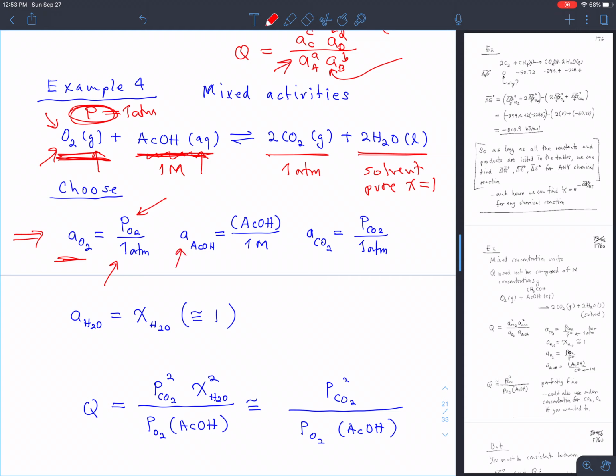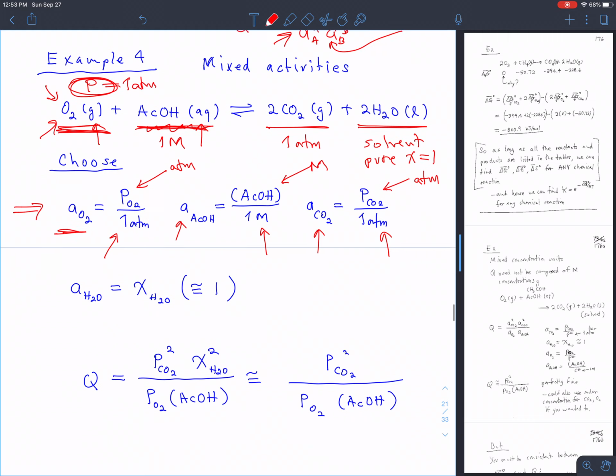For the acetic acid, it's a dilute solute, right? So I choose the molar concentration units and a 1 molar standard state. For the CO2, I choose the partial pressure of CO2 in atmospheres divided by the standard state pressure of 1 atmosphere.